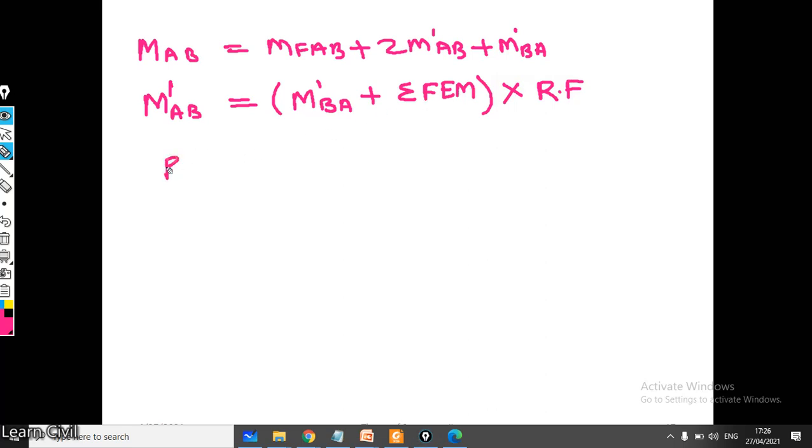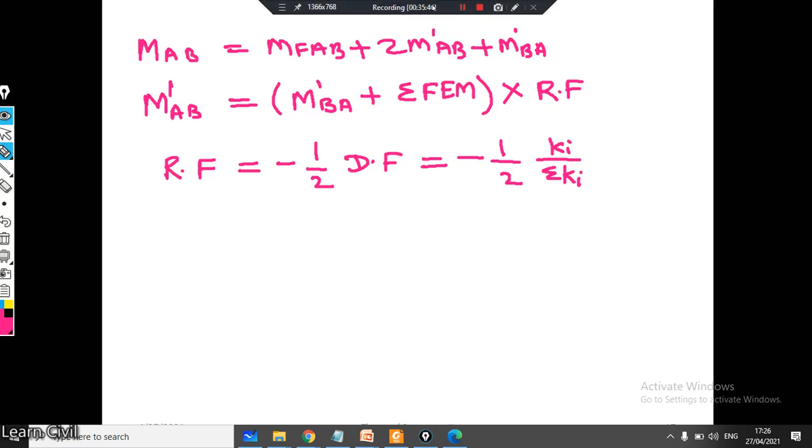And this rotation factor is equal to minus half into the distribution factor, similar to that calculated in the moment distribution method, so it is minus half into ki divided by summation of ki. These three equations will be required for solving or analyzing problems of Kani's method.